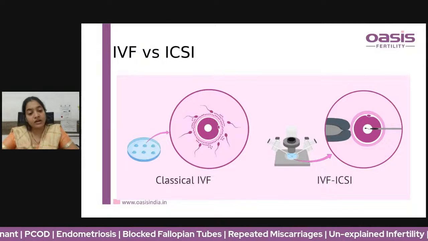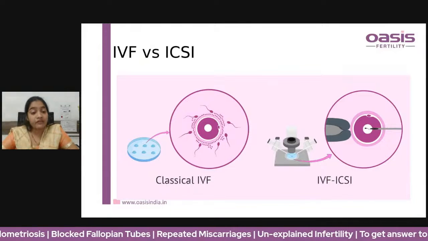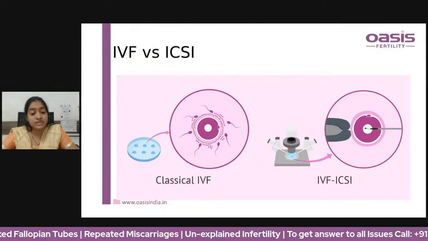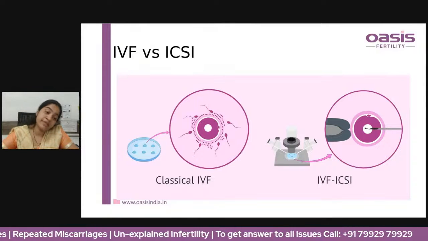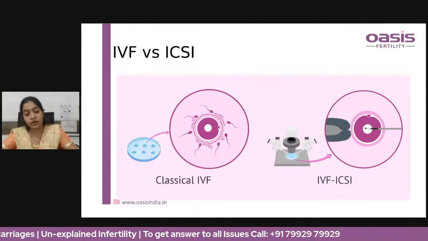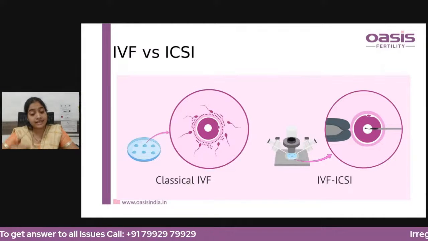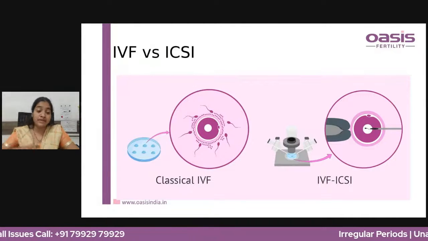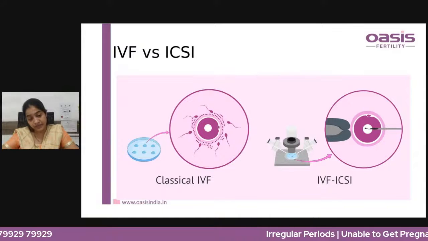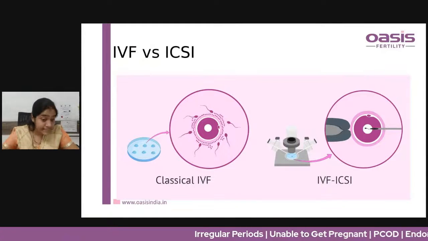In this, the egg is injected with a single sperm. This is the recent technology which has come up, and it is very useful for patients with severe male factor infertility, where the sperm count is less than 5 million.